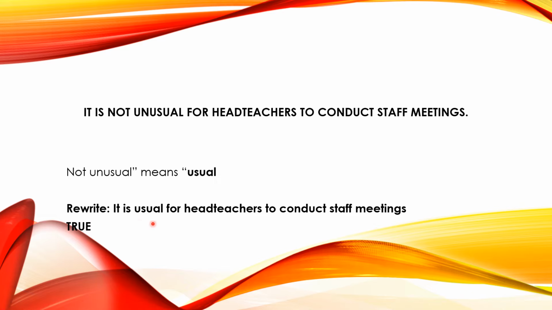It is usual for head teachers to conduct staff meetings. And once again, after rewriting the statement, then you decide whether it is true or not. So basically this statement is what? True. Alright, the next one.